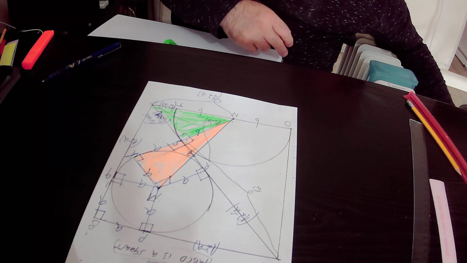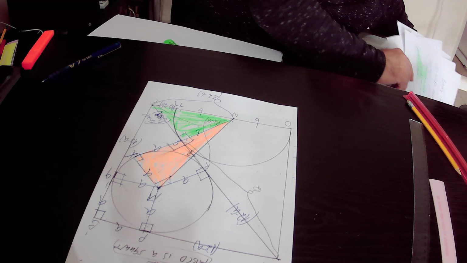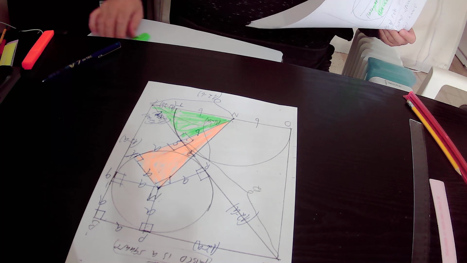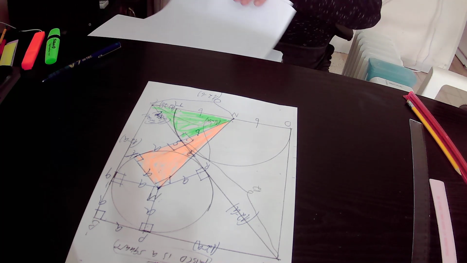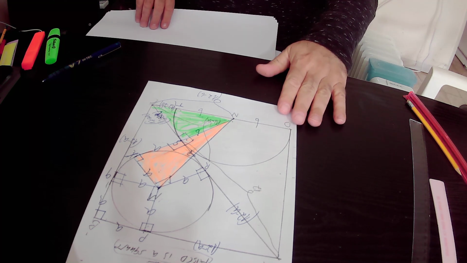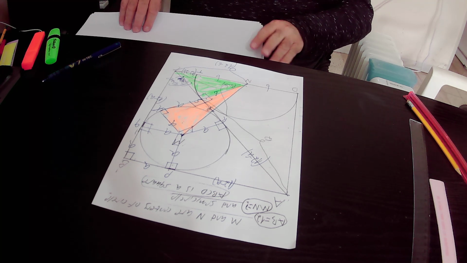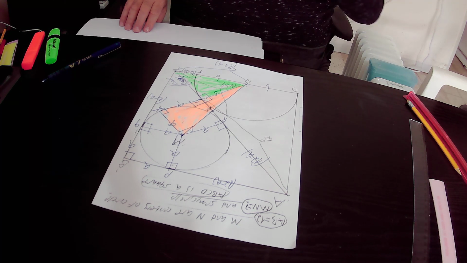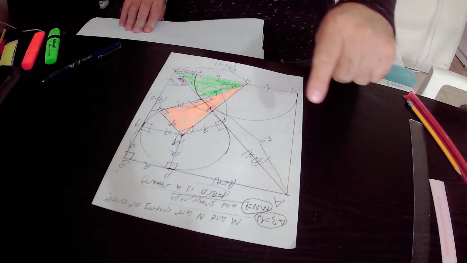And we have here square ABCD. One side of square ABCD equals 12 units, and we have inside the square this circle.